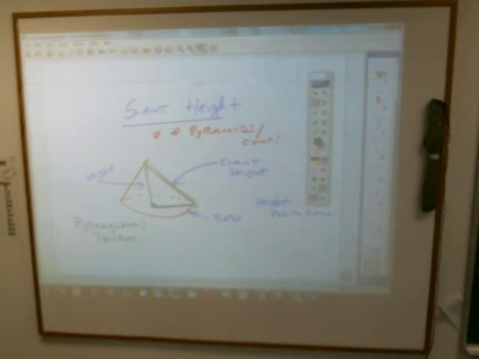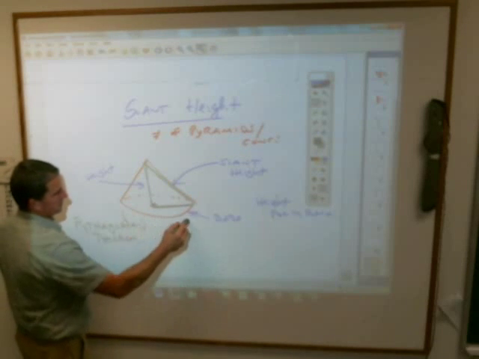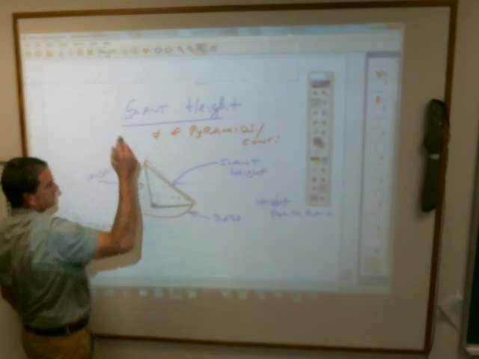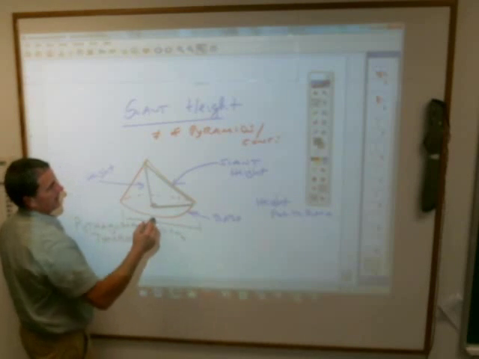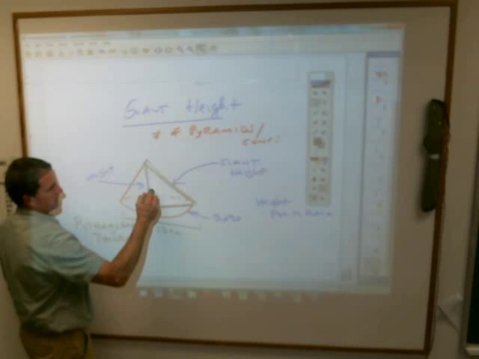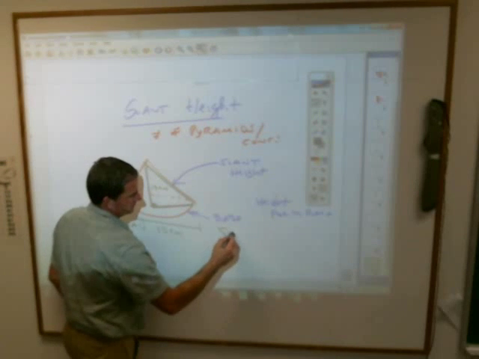So if I gave you something like this, if the diameter of this shape is 10 centimeters, and the height is 12 centimeters, what would the slant height be?